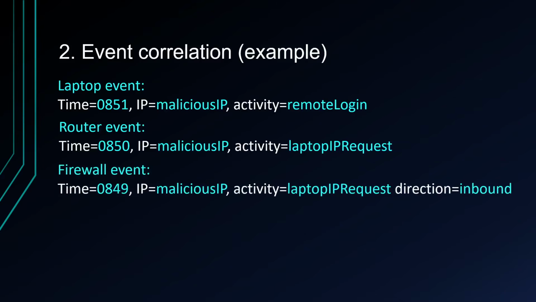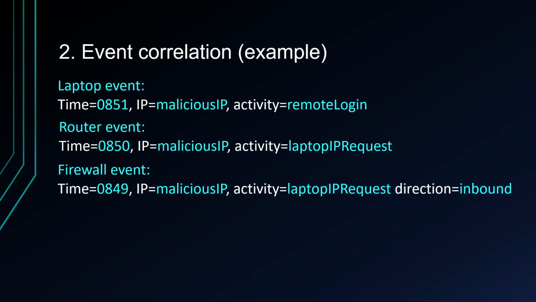Then we see from a firewall event log at 8:49, a minute earlier than the router event, the malicious IP address performed a laptop IP request in the inbound direction. Let's not get caught up on the underlying technology and how that works.